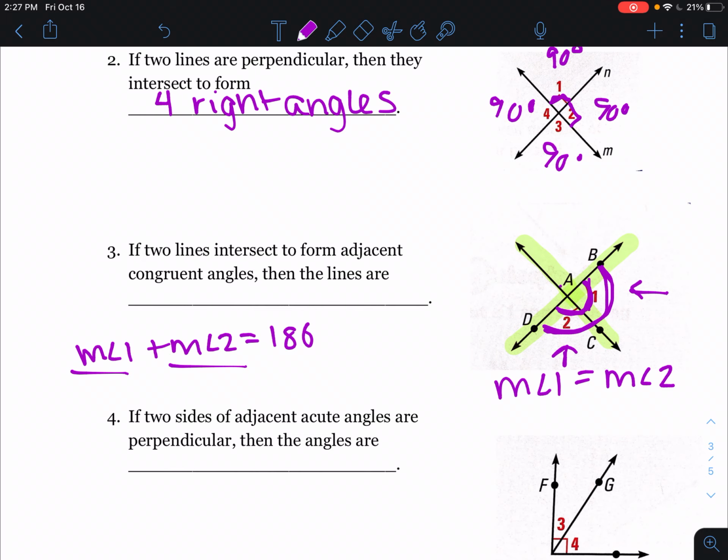It's kind of like saying, if I were to name this angle measure x, and the measure of angle 2 is also x because they're the same, it equals 180. If I were to do a little algebra, I'd know that 2x equals 180. 2 times what is 180? 90. That means that if two lines intersect to form adjacent congruent angles, then those lines are perpendicular.